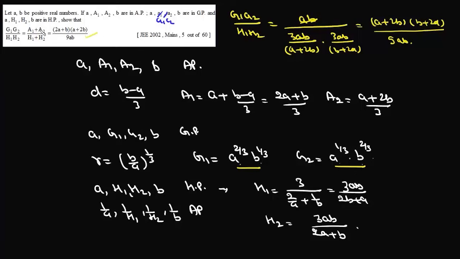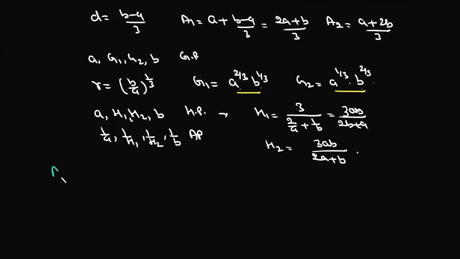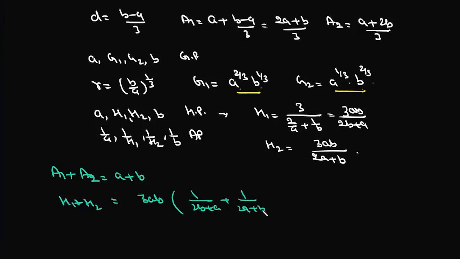Now we'll also need to prove that (A1 plus A2) upon (H1 plus H2) is also equal to this same result. So if we take A1 plus A2, it will be (2A plus B) and (A plus 2B), which is (3A plus 3B) upon 3. So it will be nothing but A plus B. And then if we write H1 plus H2, we'll take 3AB common, and then it will be 1 upon (2B plus A) plus 1 upon (2A plus B).